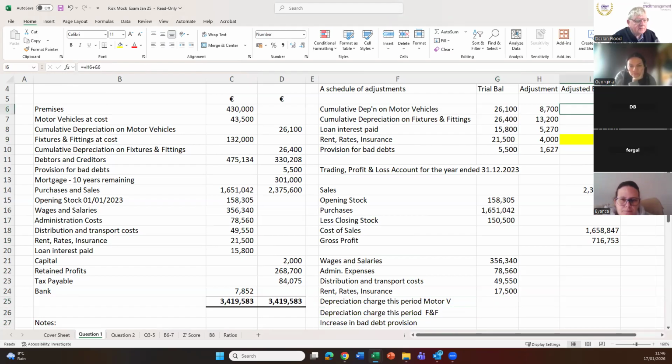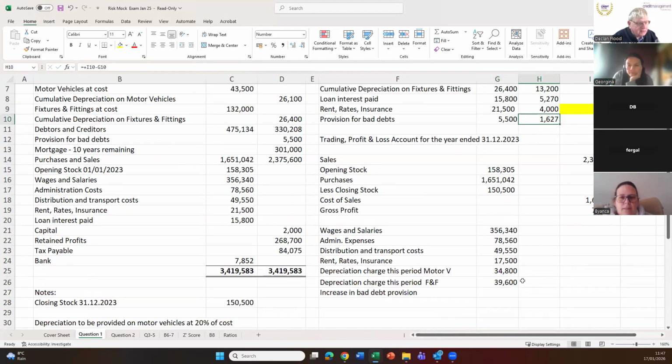My cumulative depreciation on motor vehicles is 34,800. My cumulative depreciation on fixtures and fittings is 39,600. And the only charge for this year is the increase, which is my 1,627. So let me see if that all adds up.